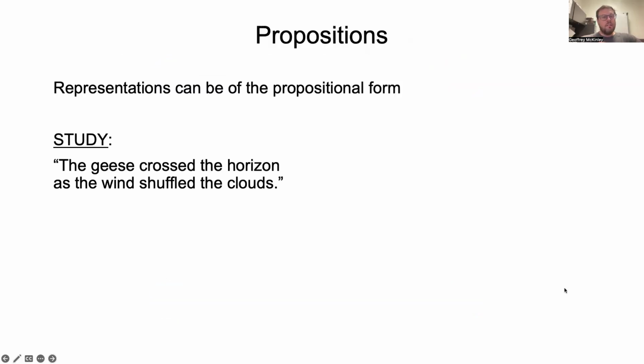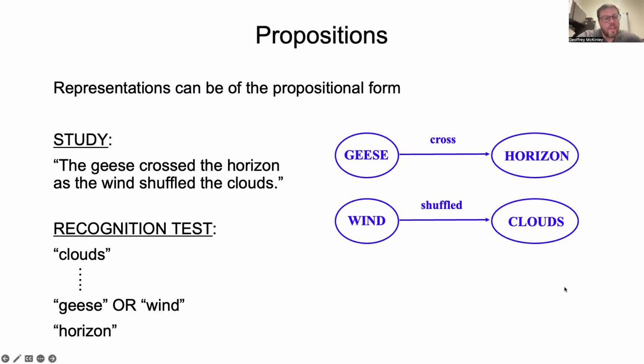And so in the study, participants were shown sentences like the one we just saw, and then they were given a speeded recognition test. The thing that was interesting is when they saw the word horizon, for example, did they respond and say that that word had been studied faster when it was preceded by geese or wind?